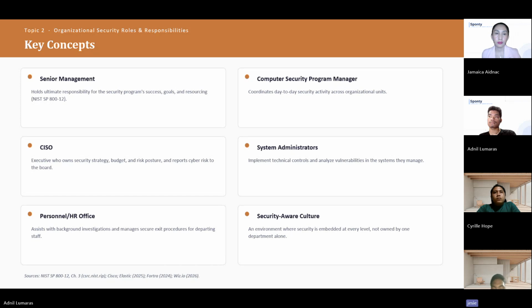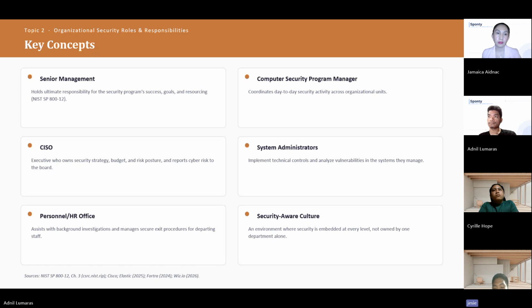So the third, specialist and operational roles. Beyond executive leadership sit the specialists who implement security day-to-day: system administrators, who apply the technical controls; risk management staff, who study organization-wide exposure; and physical plant staff, who secure the facilities that house systems.